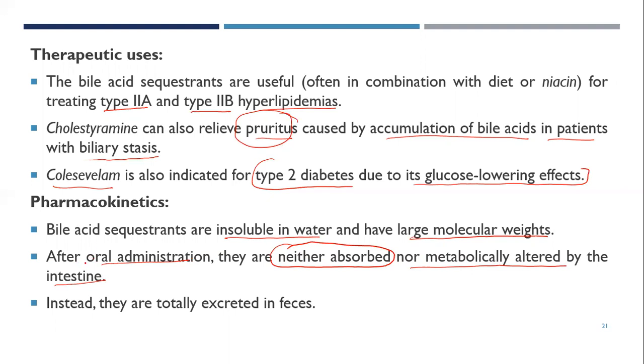They don't get acted upon by the cells of the small intestine. They remain in their original form. Instead, they are totally excreted in feces. 100% of the bile acid sequestrant will be excreted in feces, but still they will do their work of reducing the circulating LDLs.